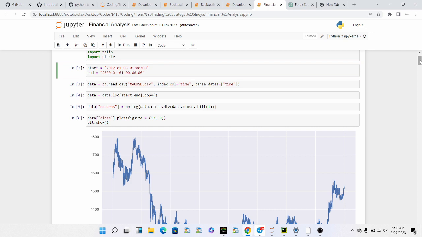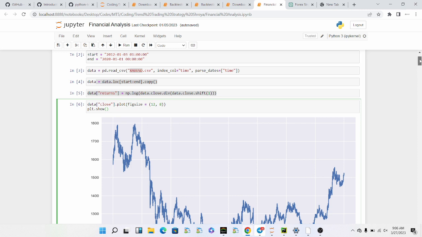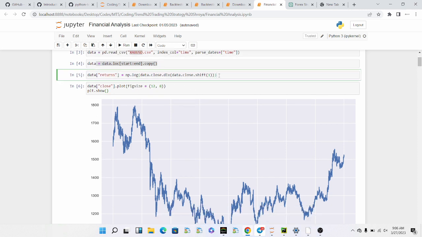All right, if you train your data on when the market was trending and when the market begins to range, you find out that your trading strategy might not perform as well as it would have when the market was trending. Okay, so I imported the CSV file we downloaded previously, and we created a returns column here, and we plotted our closes.